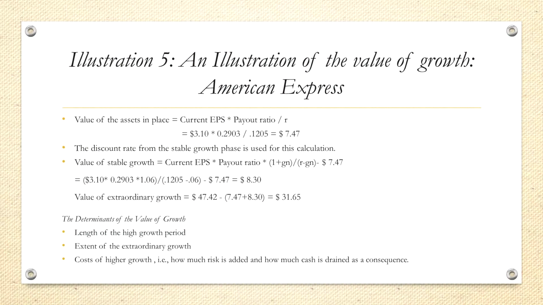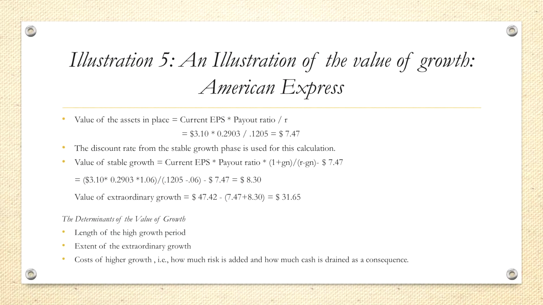So it's $3.10 times payout ratio times 1 plus g, then divided by the difference between cost of equity and the growth rate. And then you compare the difference between this $42 and $7.47. That's the value of the growth that American Express can contribute to the shareholders.